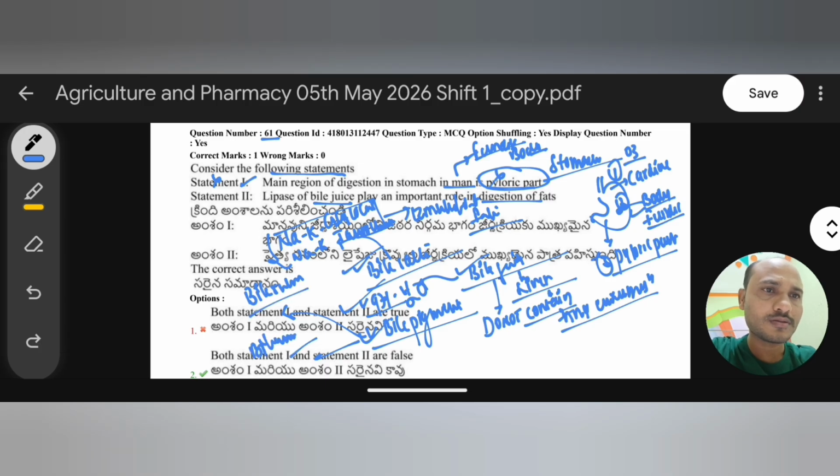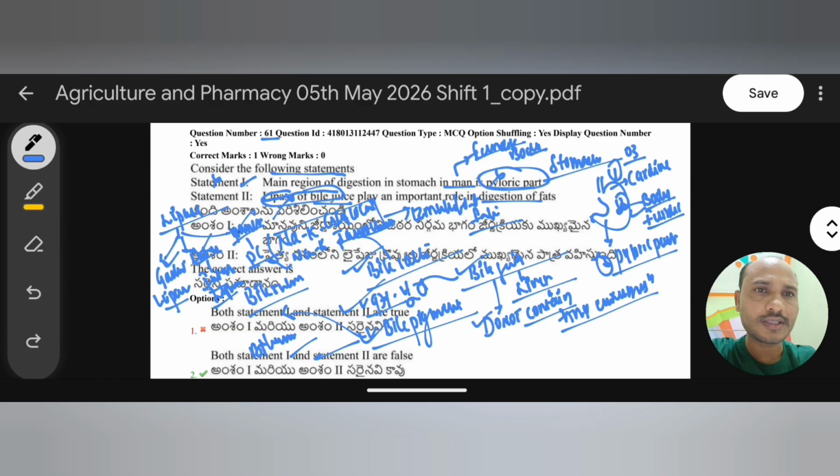So remember, bile juice does not contain any enzyme, but here the option says lipase of bile juice. This word makes the statement completely wrong. Why? Because lipase is an enzyme. This lipase enzyme is produced from three different organs: the stomach, hence gastric lipase; the intestine, intestinal lipase; and the pancreas, pancreatic lipase. Bile juice doesn't contain any lipase enzyme.